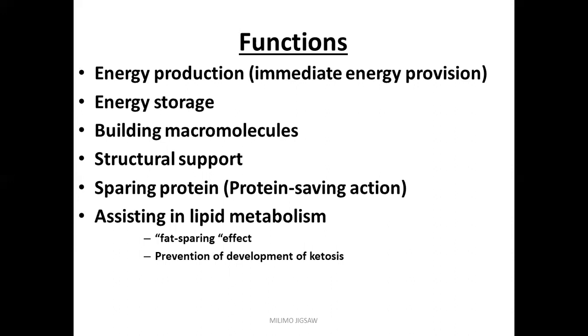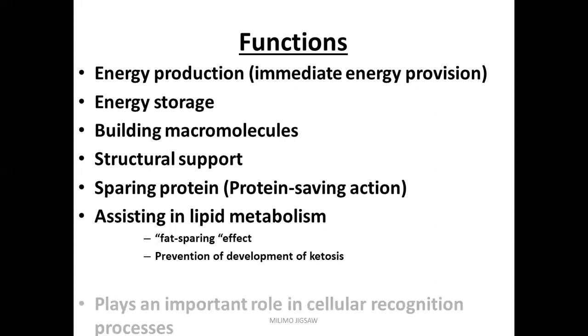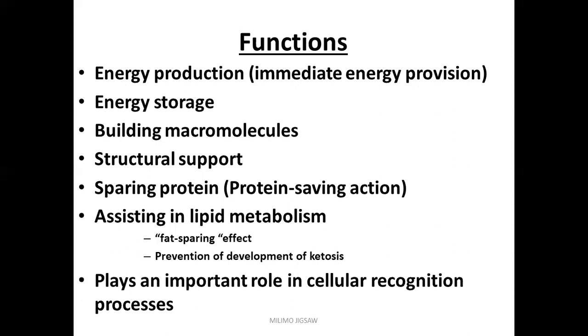So we find that this is most common in alcoholics, so people that take alcohol. It's common in alcoholics, or in someone who is malnourished, or people with type 1 diabetes mellitus. And then the other function is they play an important role in cellular recognition processes.